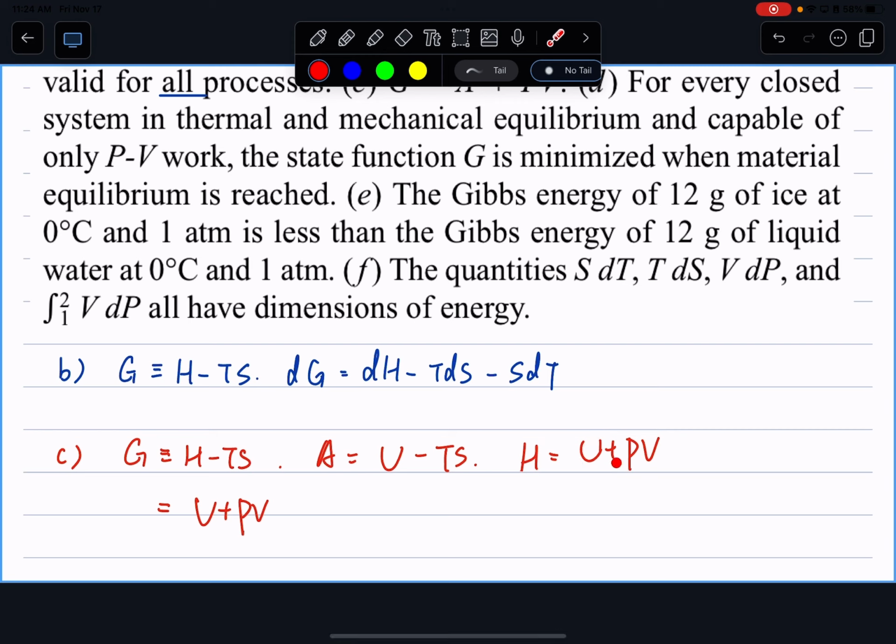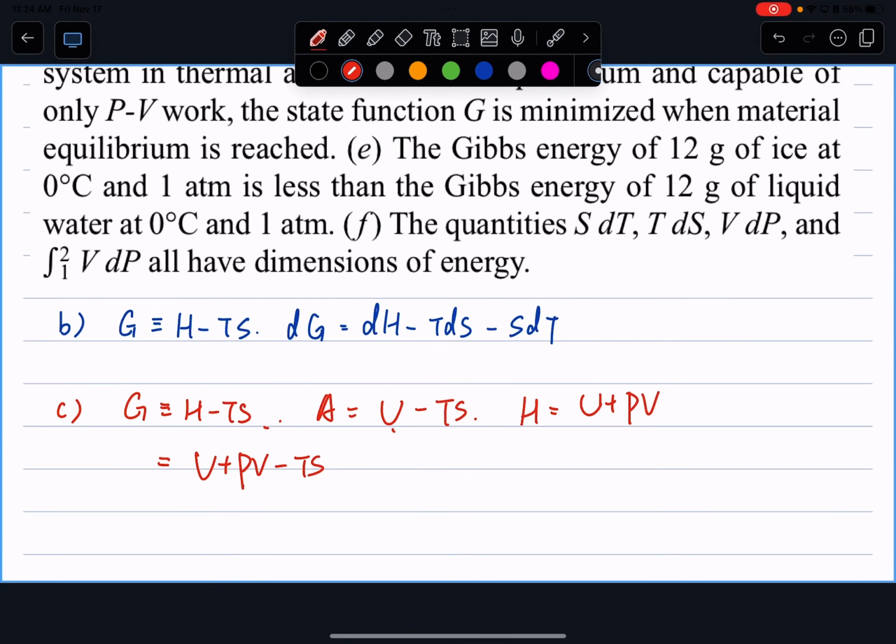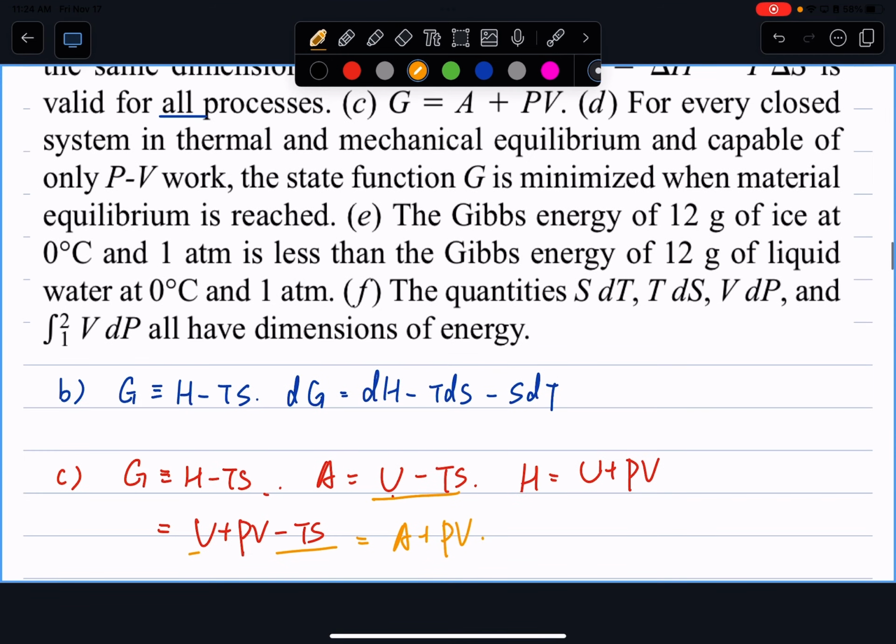So H equals U plus PV, and here's our U plus PV, and minus TS for our G. And A equals U minus TS, so this gives you A plus PV, and this one is true.